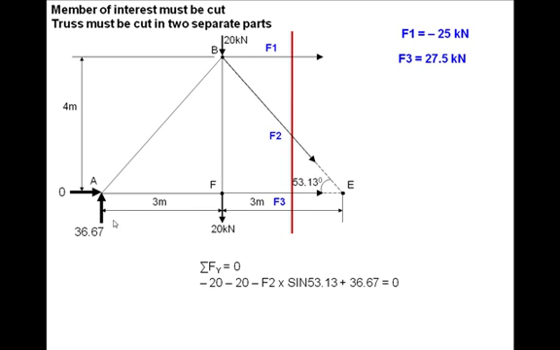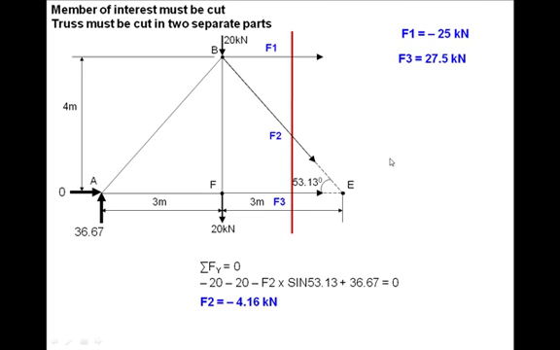Minus 20, and F2 sine 53.13, that's the angle, and plus 36.67. So in a single equation you have got F2, and it has come out negative, so it is compressive. But see the power. You have taken the right section, used the right equation, and managed to do it in one step. That's the method of sections.